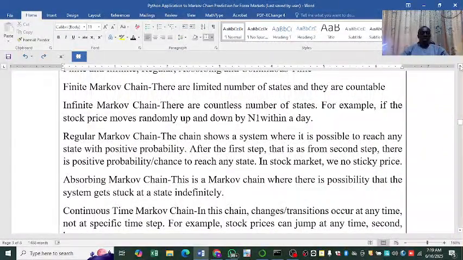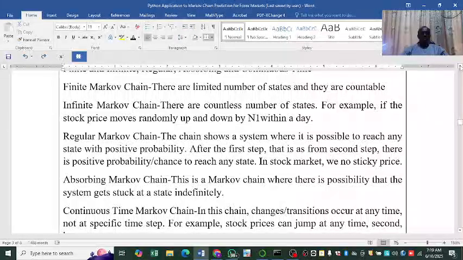Then the infinite is a situation where the numbers of states, the numbers of events are not known. For example, if the stock market moves randomly up and down by 1 naira or by $1 within a day, it is infinite Markov chain.